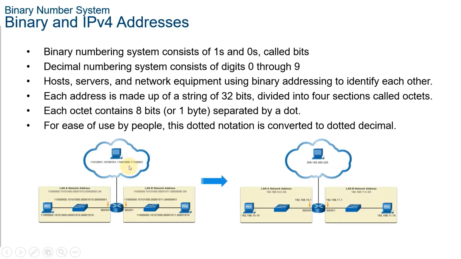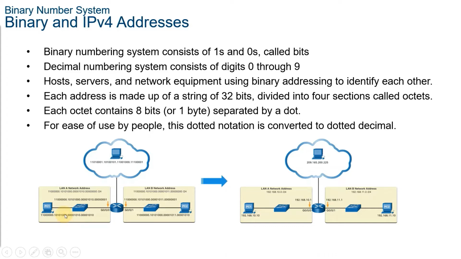Each address, as mentioned, is a string of 32 bits divided into 4 sections called octets. Each octet contains 8 bits, or 1 byte, separated with a dot. For example, PC1 in the figure has been assigned the IP address 192.168.10.10.